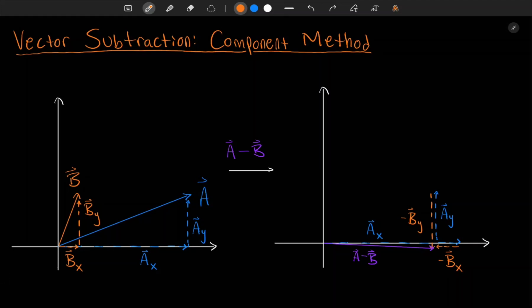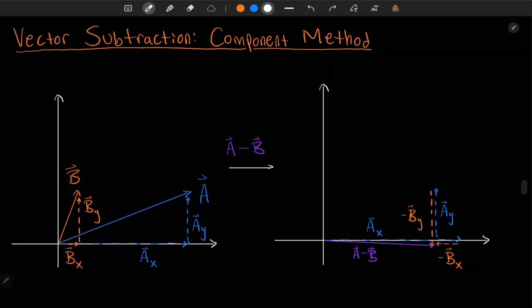So just to be clear, all I've done is I've left ax and ay the way it was, but now I have that a minus b, the x component of it is equal to ax minus bx.